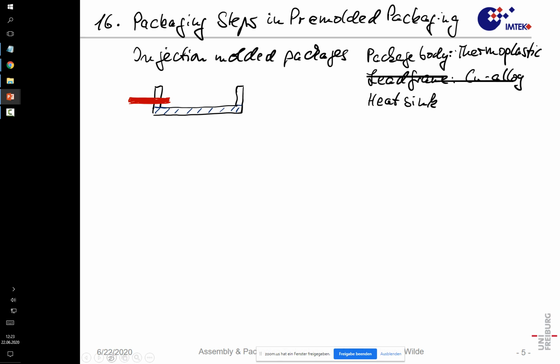And now what do we have to do? We have to mount the chip, and typically, what's the process of mounting the chip? What do we need to mount it? Yeah, adhesive we need. Okay, so we have an adhesive.